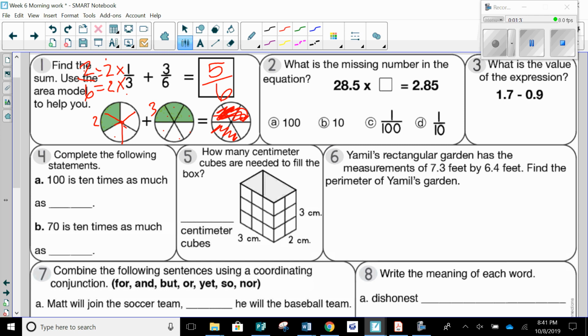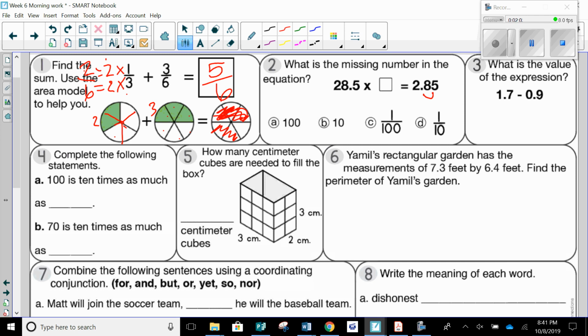All right, number 2 says, what is the missing number in the quotient? We haven't talked a lot about multiplying decimals. That's in our next chapter, though. But if I have 28 and 5 tenths times something, it will give me 2 and 85 hundredths. If I look at my answer, my decimal point has moved from here to here.